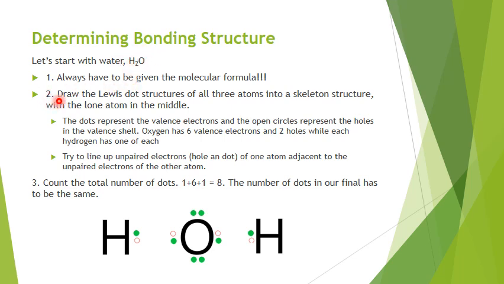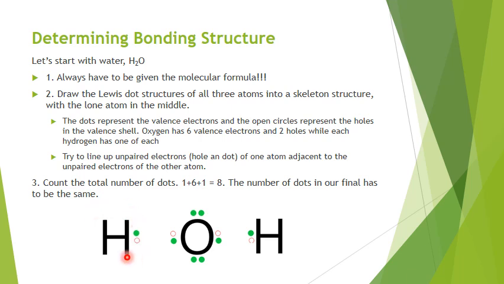Then what you do is draw the Lewis dot structure of the atoms, in this case 3 atoms, into a skeletal structure with the lone atom in the middle, oxygen. So you put oxygen in the middle, and here are the Lewis dot structures. This is what you had to know for this test coming up, test 4.